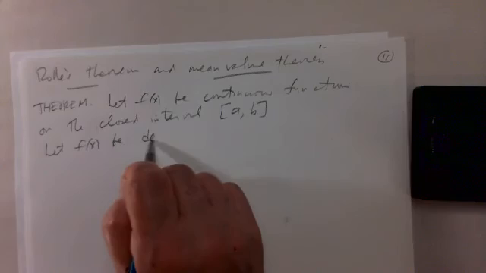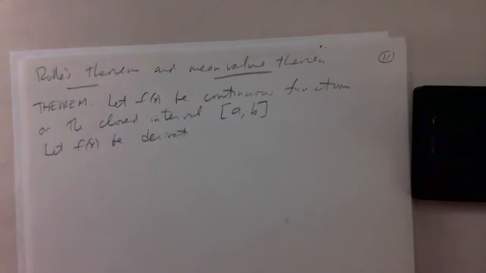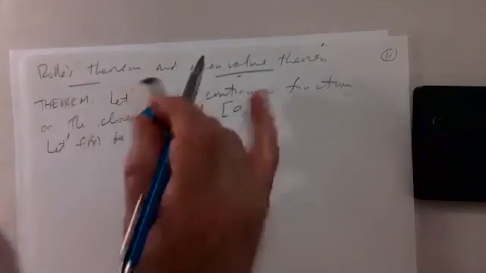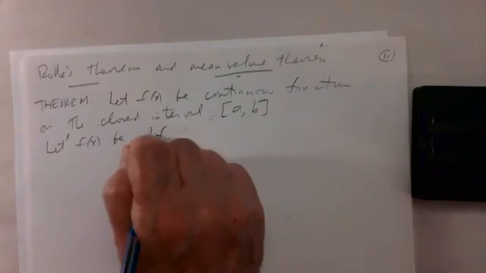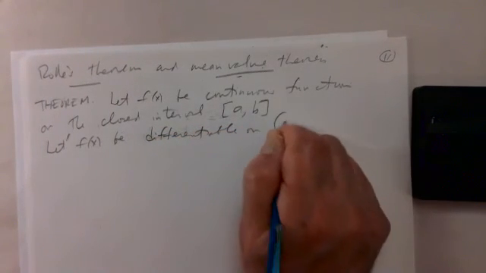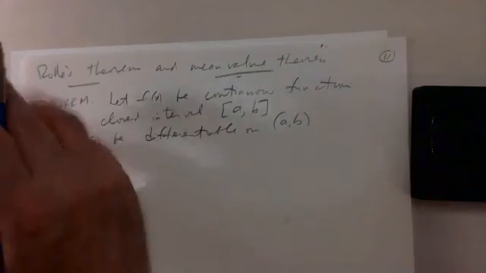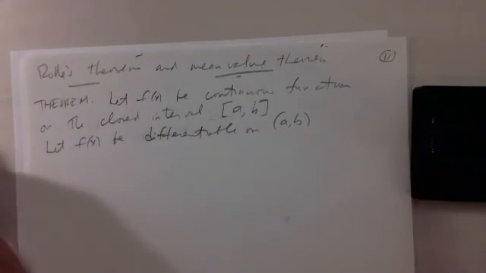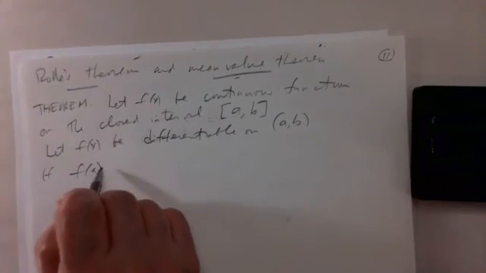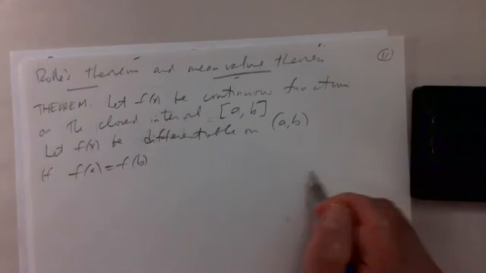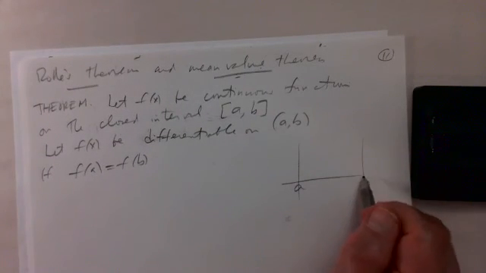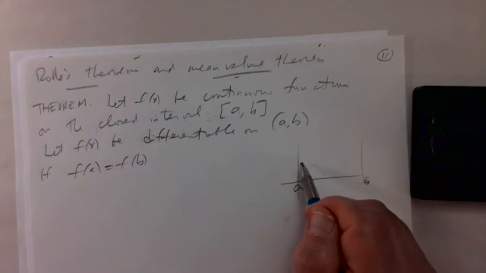That means it has a derivative on the open interval from A to B. I don't care for this purpose whether f actually has a derivative at the endpoints, if f of A equals f of B.